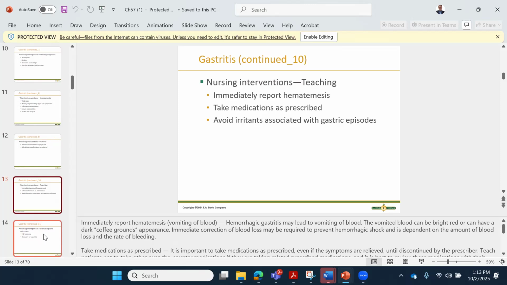For example, if they're prescribed Carafate, it's important that the Carafate be taken at a minimum 30 minutes to an hour before meals and at hour of sleep, because the Carafate actually provides a coated film that helps protect the gastric mucosal lining.